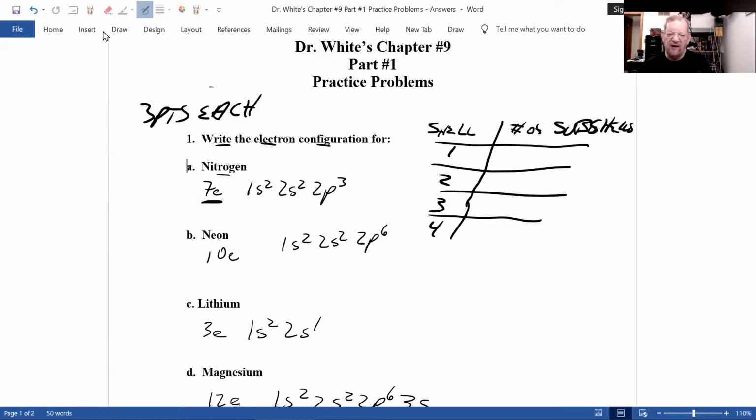We look at a shell. The names are 1, 2, 3, and 4, very tough. And the number of subshells, shell 1 has 1, 2 has 2, 3 has 3, and guess what? 4 has 4. Now, when we look at subshells, having a bad writing day.